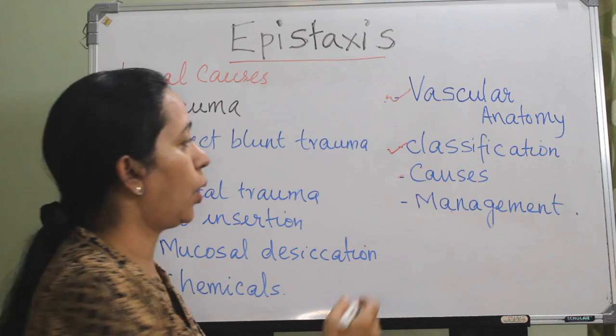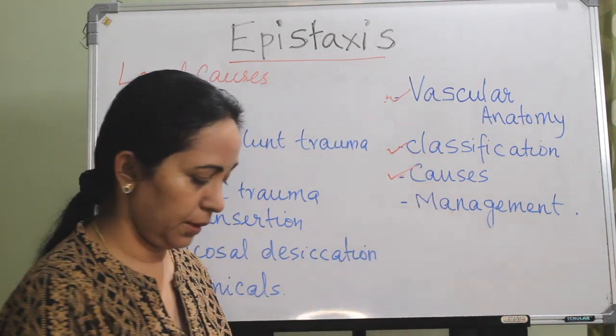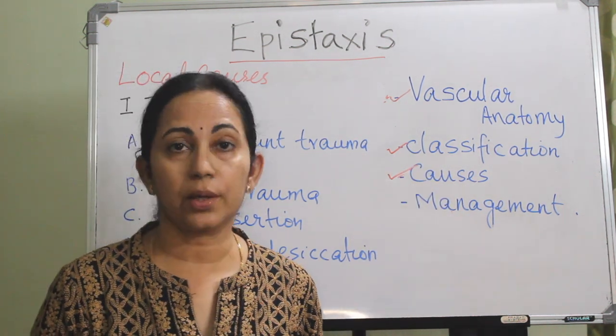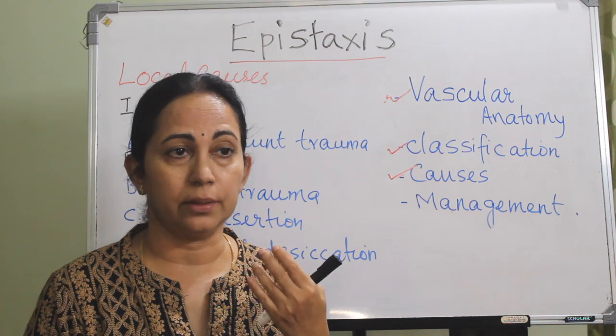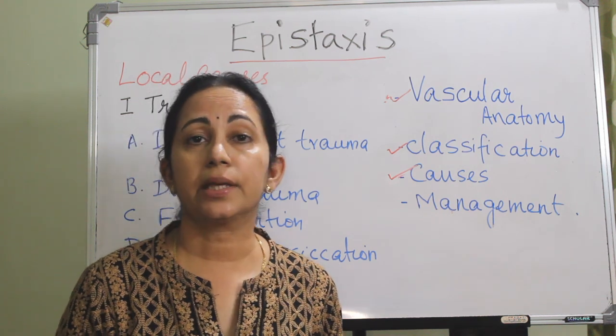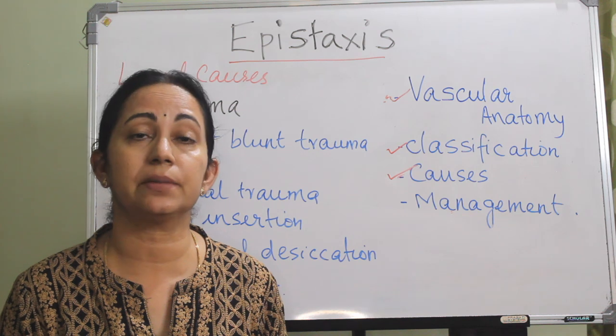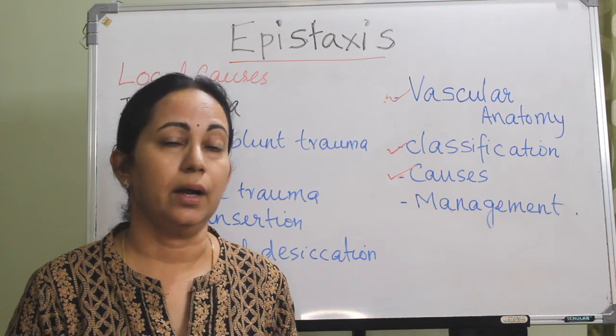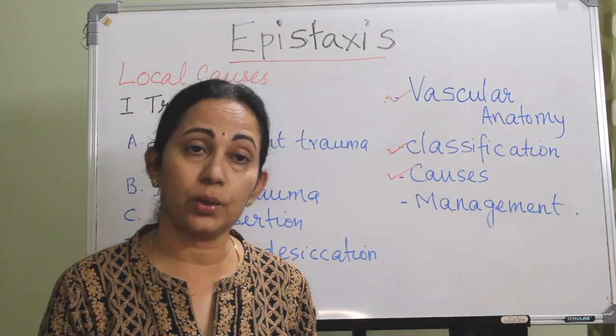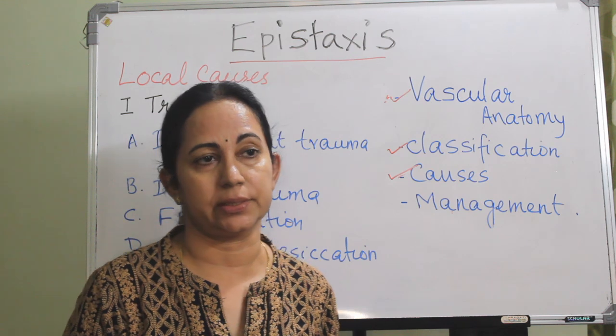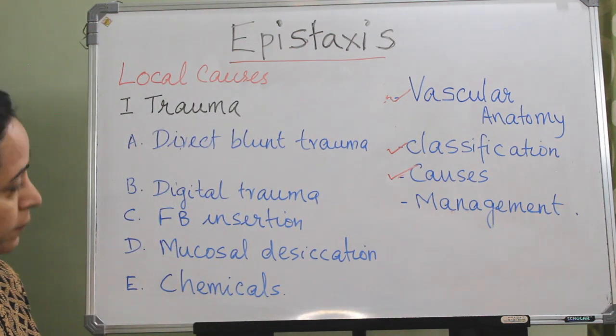The next is causes of epistaxis. The causes can be local causes, that is, related to the nose, or systemic causes, that is, systemic disorders which lead to epistaxis, or there are some contributing factors. Let us see one by one.